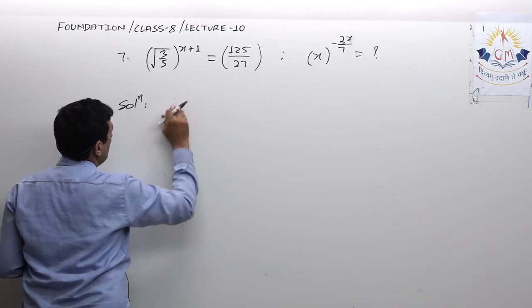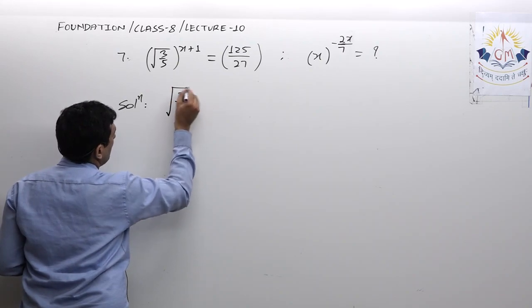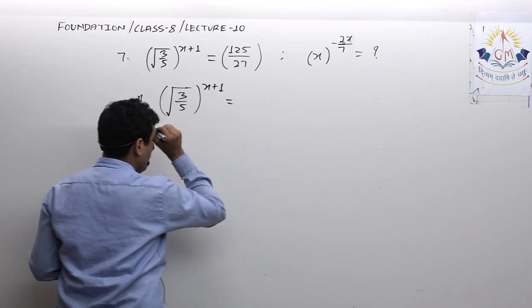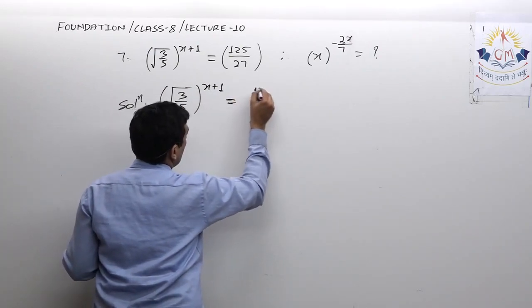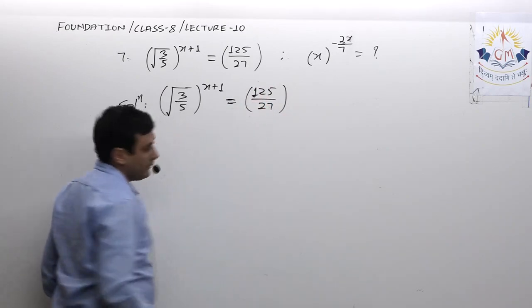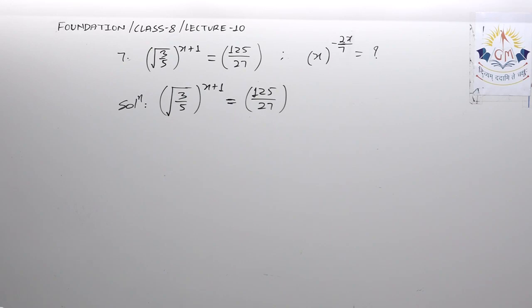We have root of 3 upon 5 raised to x plus 1, and over here we have 125 upon 27. Okay, and we need to get the value of x. So think for a while how we'll solve this, then I will give you its solution.